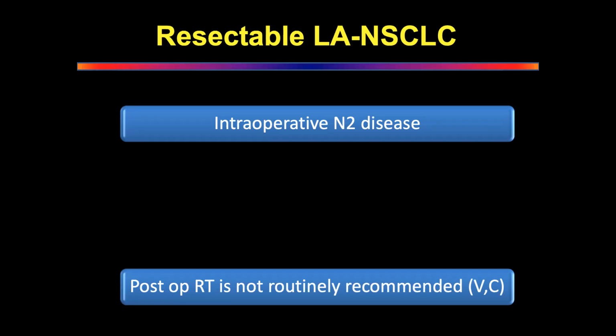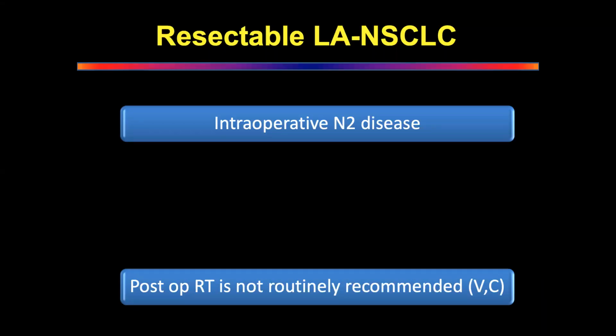So sir, even if station 4 is positive on the same side, and 2 and 7 are negative, it is still isolated N2 disease. Depending on the result of the frozen section, we still have to think that this is a potentially resectable tumor, and we have to continue with the surgery, operate on him, and follow up with a multidisciplinary team meeting regarding his post-operative adjuvant chemoradiotherapy.